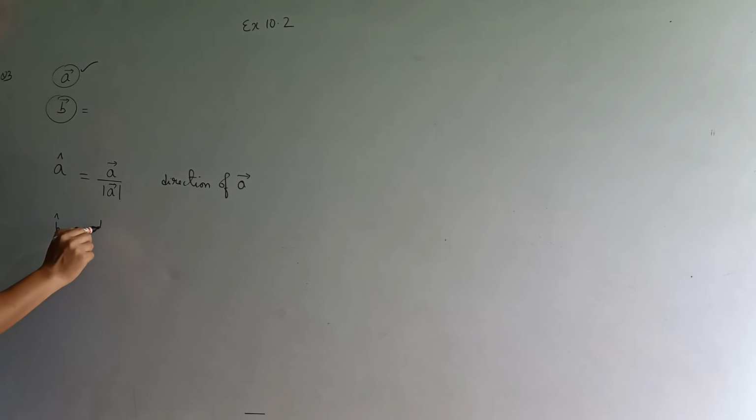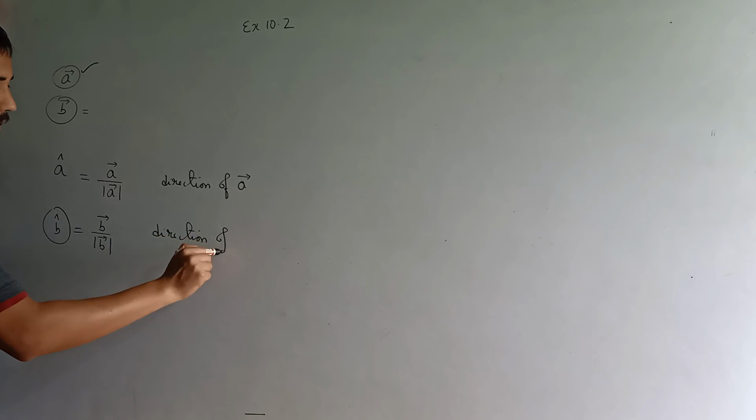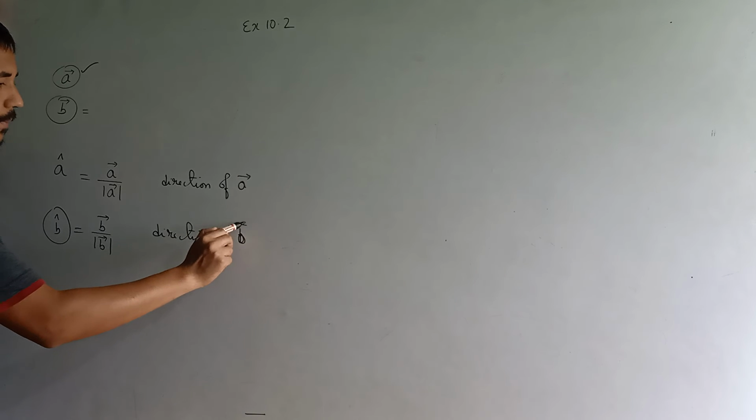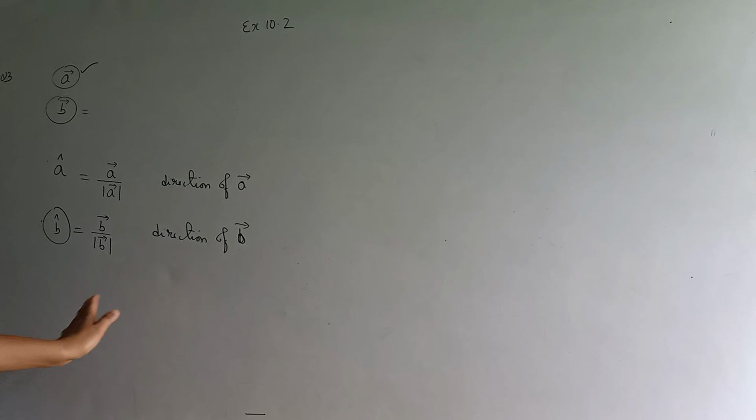Unit vector B cap means vector B upon magnitude of B. So this unit vector gives you the direction of B. Now if A cap and B cap are equal, that means the direction of A and the direction of B will be equal. Hence, that will give you the complete solution. Is it okay? Yes. All right.